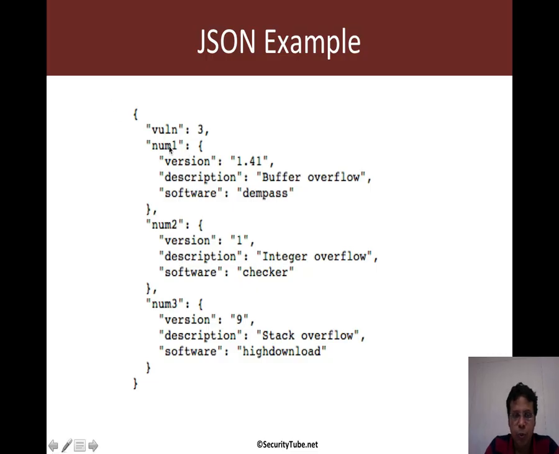So you have num1, the first vulnerability, version of software 1.41, description buffer overflow, software is dempass. Similarly you have num2 and num3, right? Now the actual structure, the hierarchy, the level of nesting, all depends upon the application which is serving the JSON response, which in turn of course depends on the web application itself.